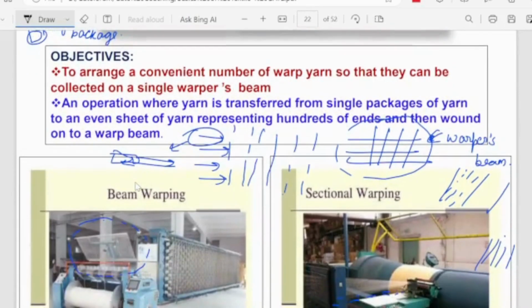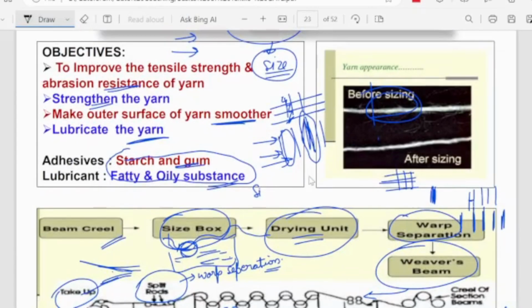If I talk about the warping process, the warper's beam is produced by either beam warping or sectional warping machine. Sizing is improved because we apply size materials during the winding and other processes in yarn and fabric manufacturing.